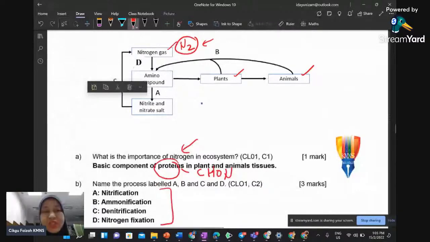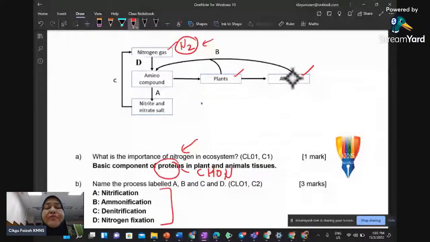Okay, so amino compound will be absorbed by plants. Okay, and then animals will eat the plants, and animals will return balik the amino compound. Okay, so that is what we call ammonification. B ni ialah apa kelas? Ammonification.